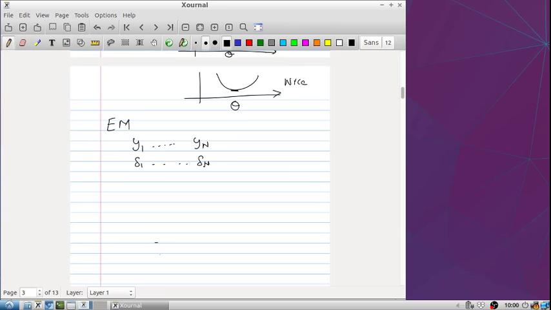Maybe I know these realizations of the Bernoulli random variable. If you remember, our model was first you flip a coin, it may land on heads or tails. That you don't observe anyway. We only observe y's, which would look like a 2 Gaussian type thing if you drew the histogram. But here, let's say we observed the outcome of this heads and tails thing. I'm going to call these realizations little deltas to differentiate from the capital delta I use for the random variable.